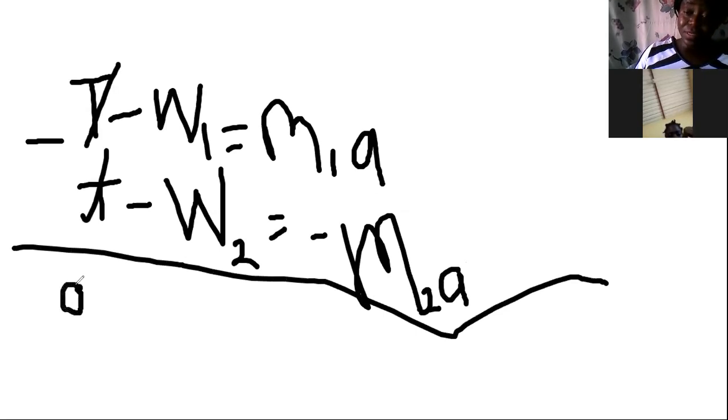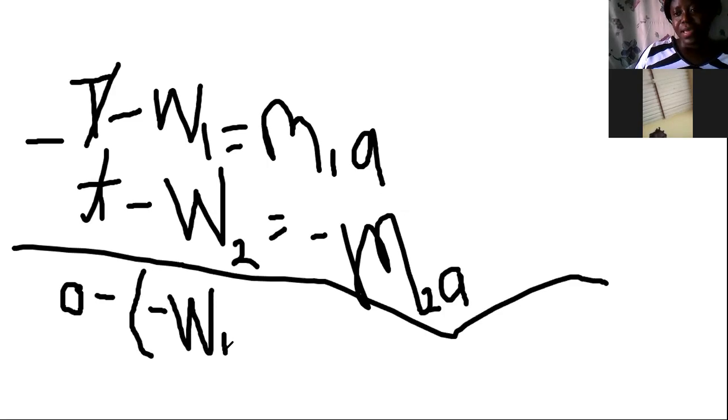Isn't it so? Yes. Then now I have a minus. Let me just bring my sign minus down there. Then I had a minus weight 1. So I'm working with a minus weight 1. Okay, I brought that, and then this one would now be a plus.